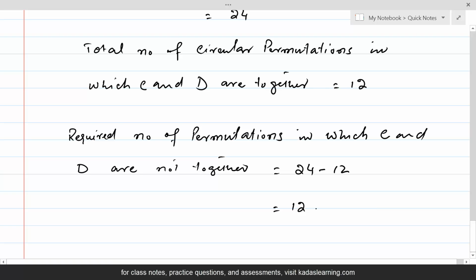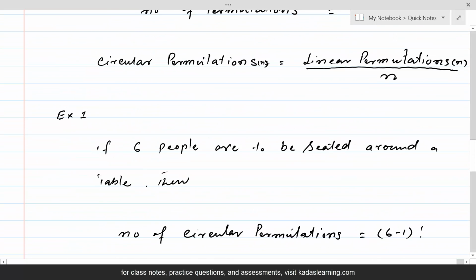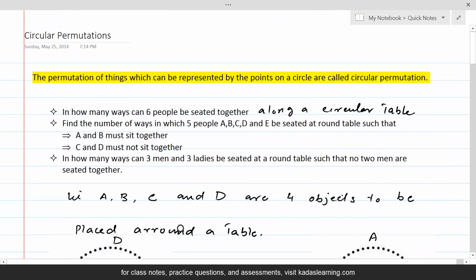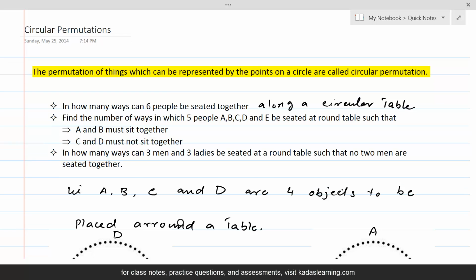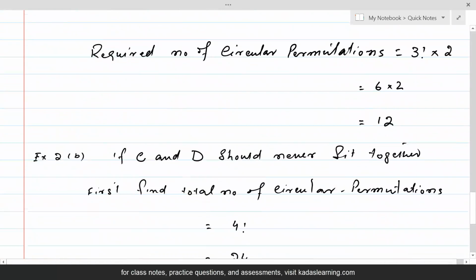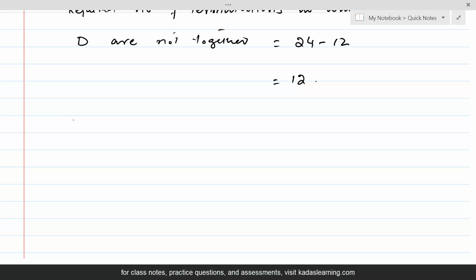And now the last example for this lesson, example 3: in how many ways can 3 men and 3 ladies be seated at a round table such that no 2 men are seated together? For solving this kind of question, let's first arrange the 3 seats for women.